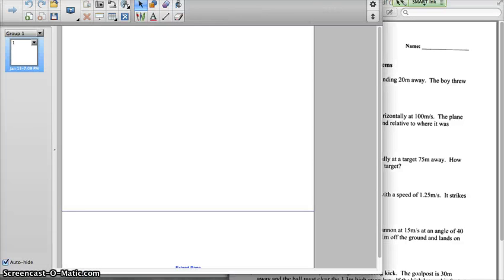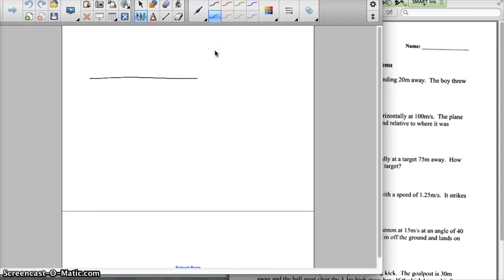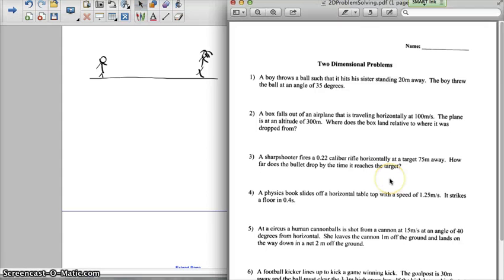Let's see here. So I'll sketch a simple diagram. Here's the boy. Here's the girl. Okay. And he throws the ball. So let's go back to the worksheet real quick.